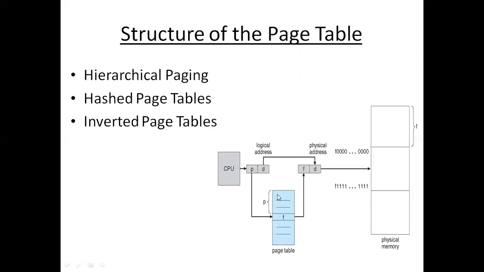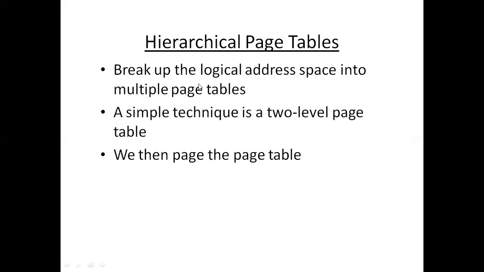If this page table is very huge, you can use the hierarchical paging concept, where the logical address is broken into multiple page tables. What hierarchical basically means is you have a relation of a parent and child, that child having another child. So there is a kind of relationship between the outer parent and the child.